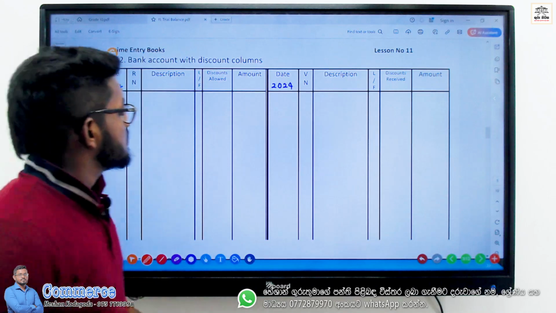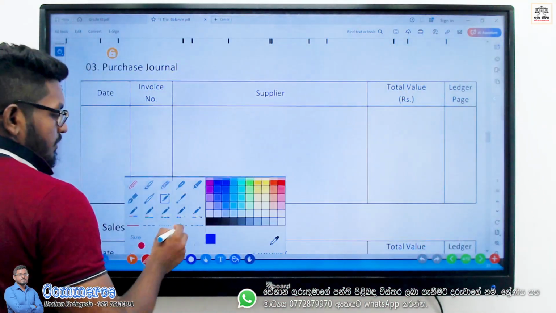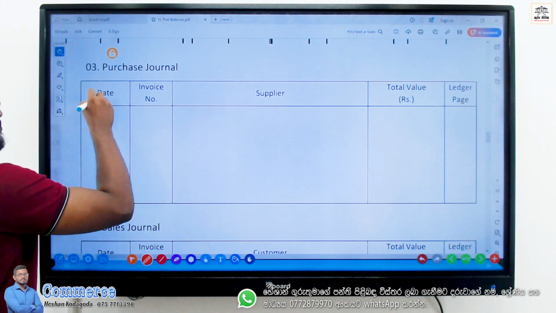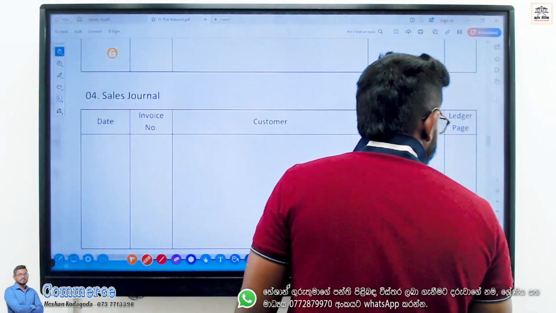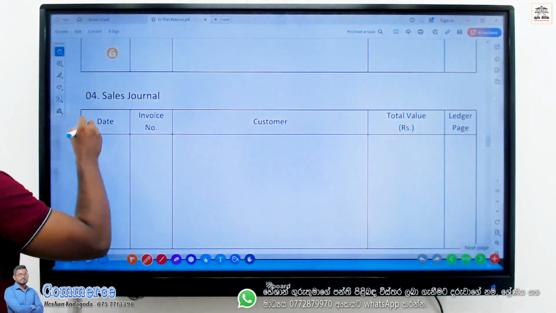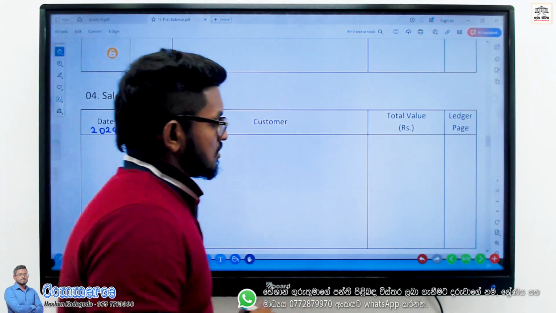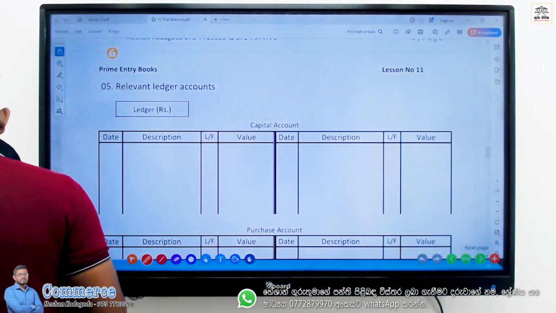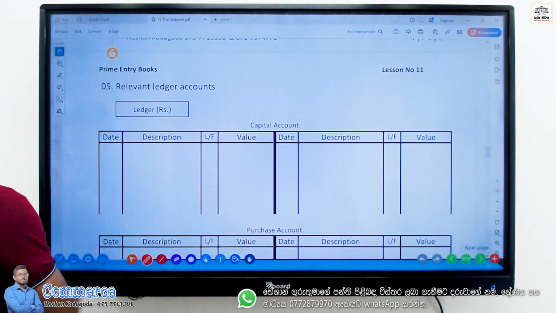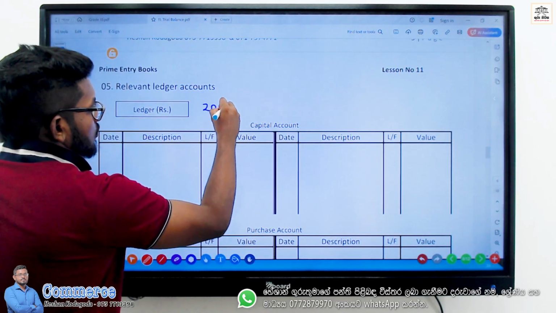Then go to the purchase journal, date column, 2024. Same thing, sales journal, 2024. Go to the ledger heading, 2024.